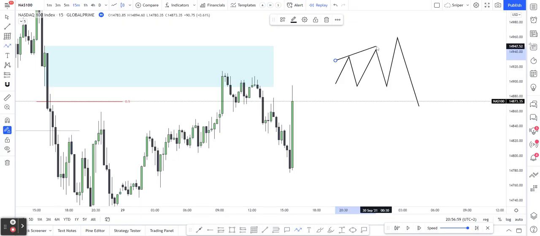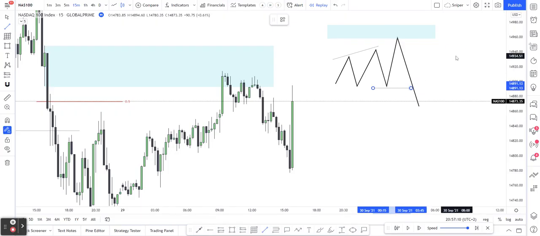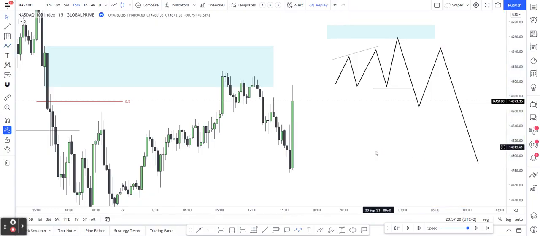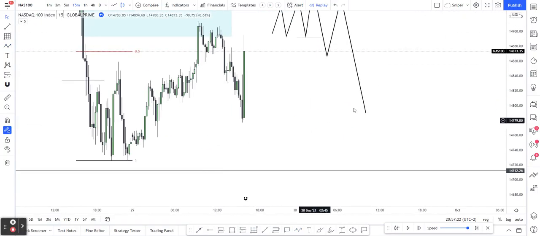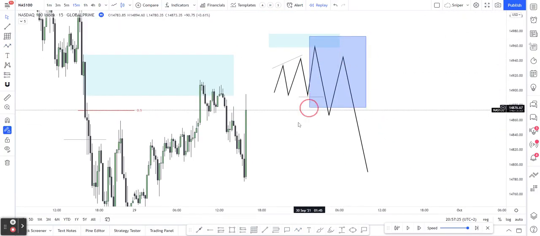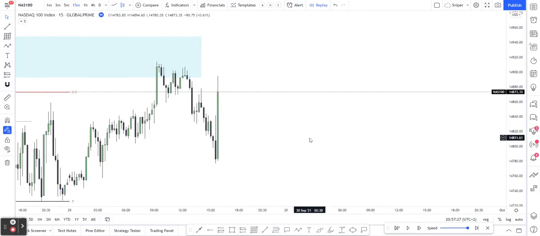So if this is our liquidity, we want to see that being swept as it taps the order block, and then the structure break towards the downside, followed then by a return up higher towards the origin order block, and then the move down lower towards the liquidity. So that is the primary plan and setup that we're looking for.